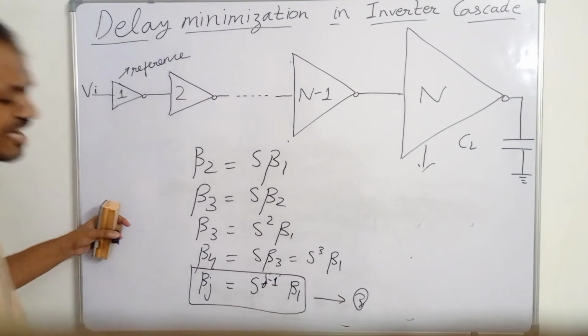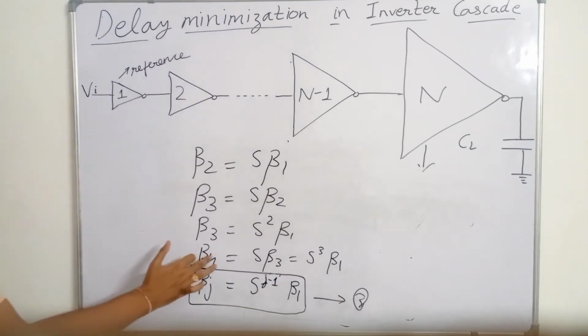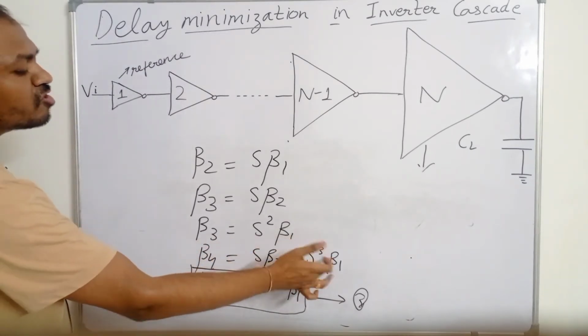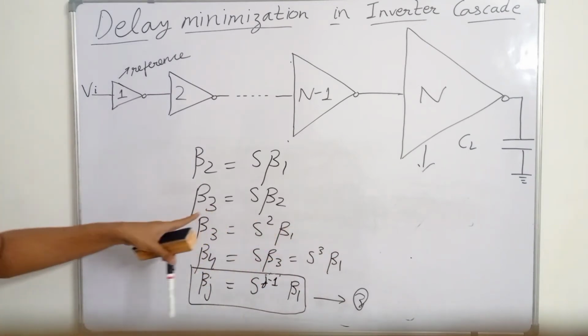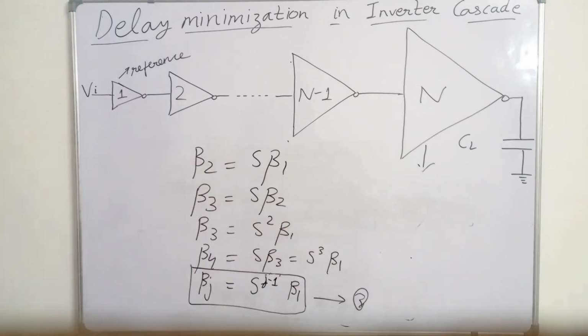This will be the third equation. So beta 4 is equal to s to the power 4 minus 1, so s cube into beta 1, and beta 3 is equal to s square beta 2, equal to s beta 1.